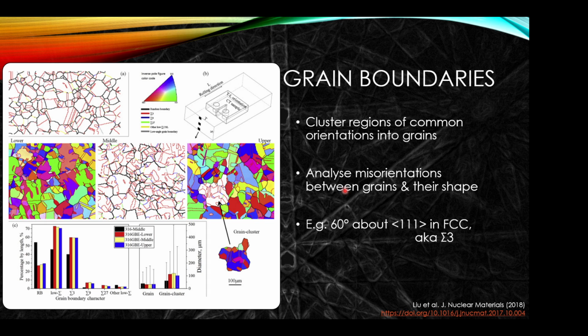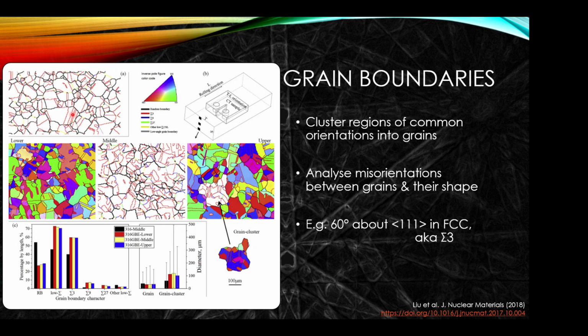We can also evaluate the interfaces between grains, and therefore consider the specialness of different boundary types. In FCC crystals, there are specific boundary types where you switch from, say, an ABC stacking to an ABC BCA structure. That is the 60-degree or 111 type twin.